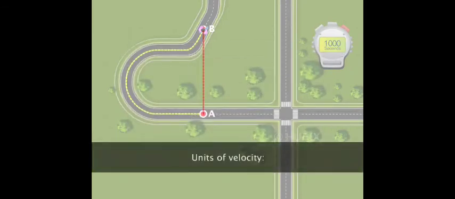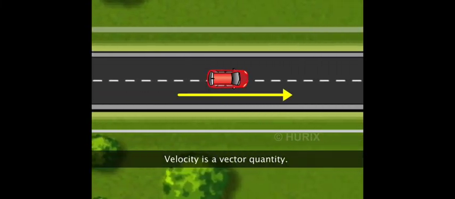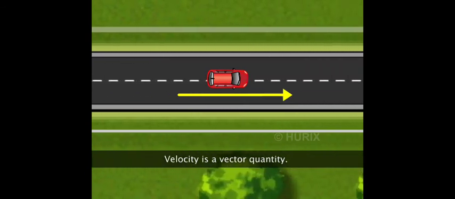Like speed, velocity is expressed in meters per second or kilometers per hour. Velocity is a vector quantity because it includes both magnitude and direction.